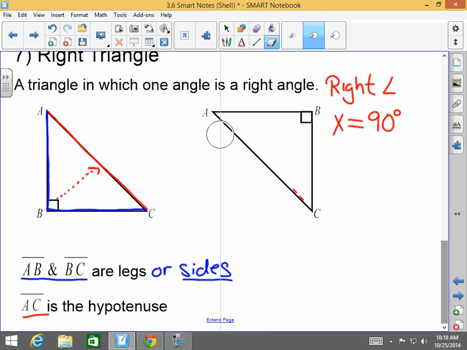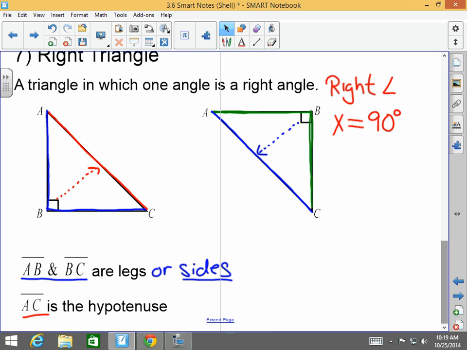So over here, you have the leg AB and leg BC. And then across the 90, directly opposite of the right angle, you have here in blue AC, which is the hypotenuse. Very important as well.